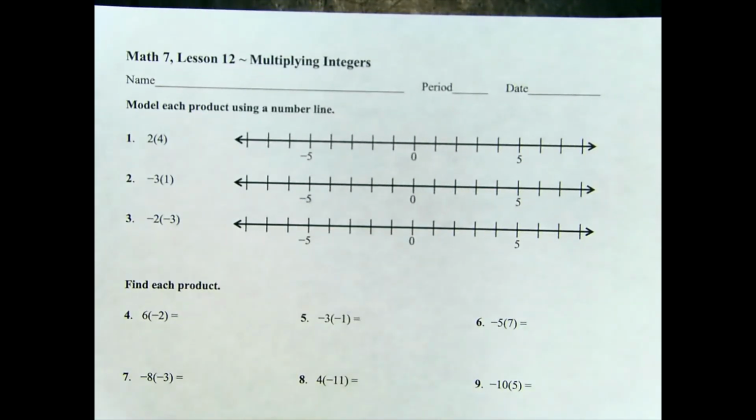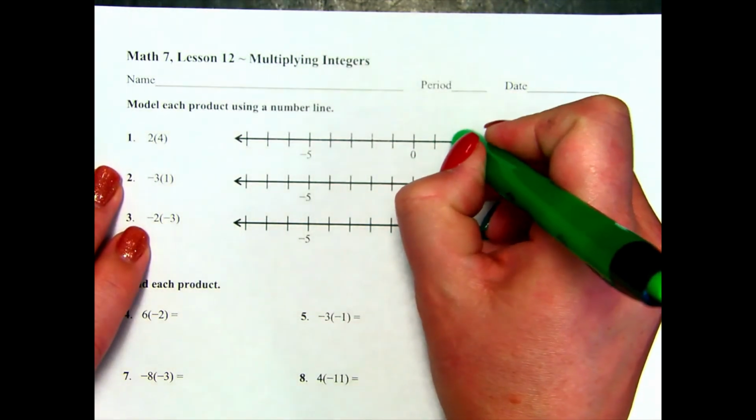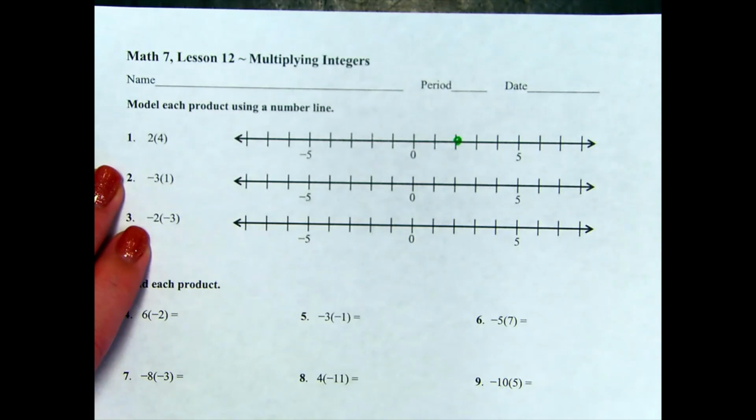Now, for numbers 1 through 3, I'm asking you to use this number line to guide you as you're going through here. Okay, so if I'm at 2 on my number line, which would be right here, I'm going to do 2 four different times.